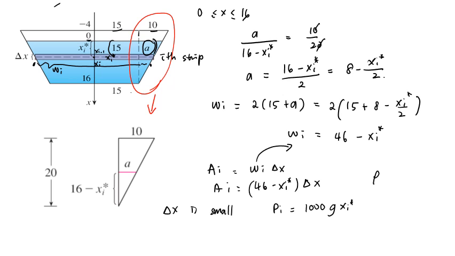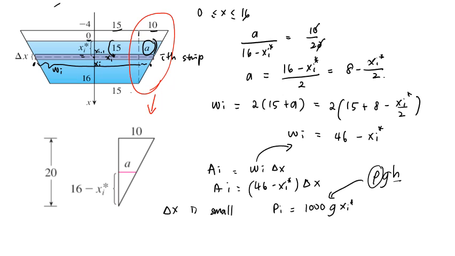Just the rho g h thing. Rho is the density of water, g is the gravitational acceleration, and h is the depth, so the depth is xi star. So the strip is so small that you can approximate the pressure acting on the vertical surface to be equal to 1000 times g times xi star.